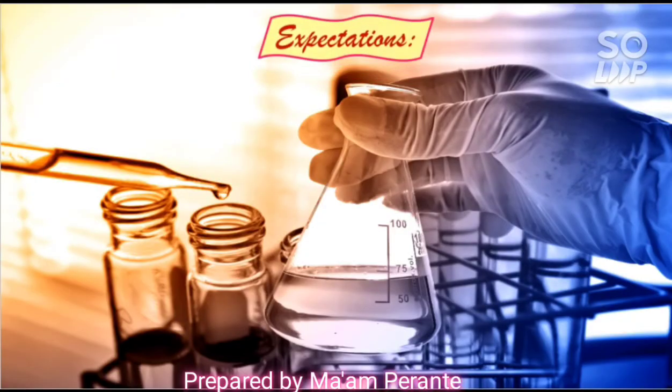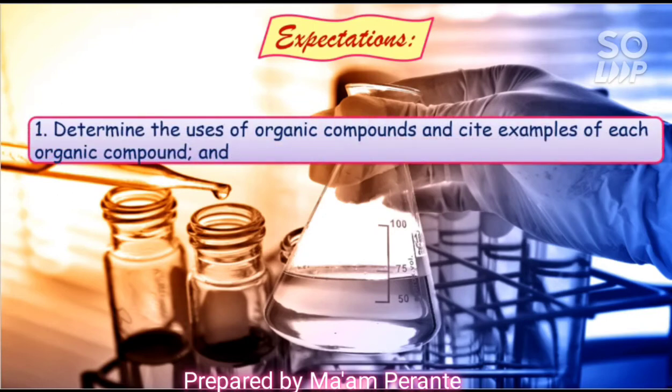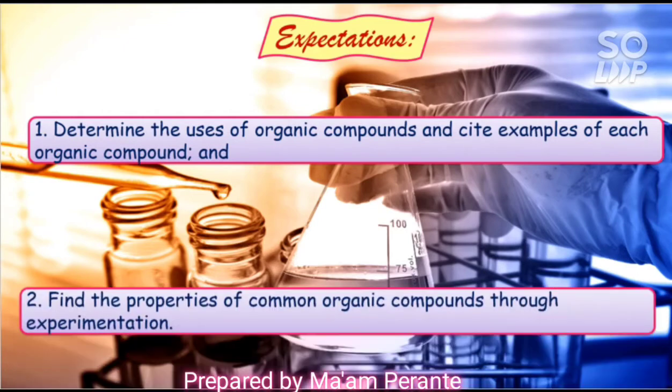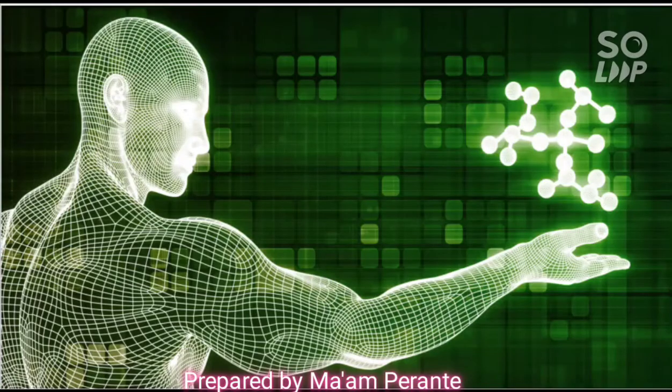And the expectations are the following. Number 1, determine the uses of organic compounds and cite examples of each organic compound. Number 2, find the properties of common organic compounds through experimentation.